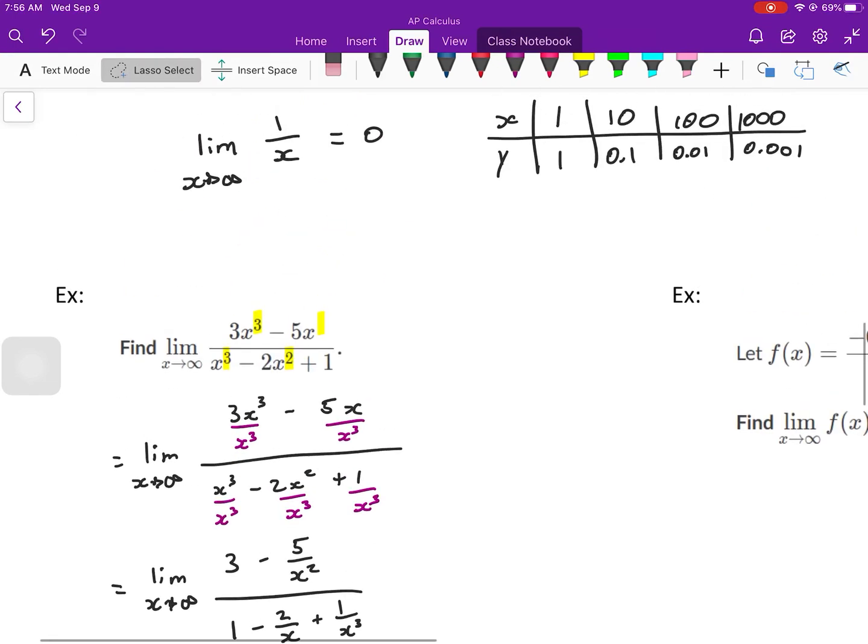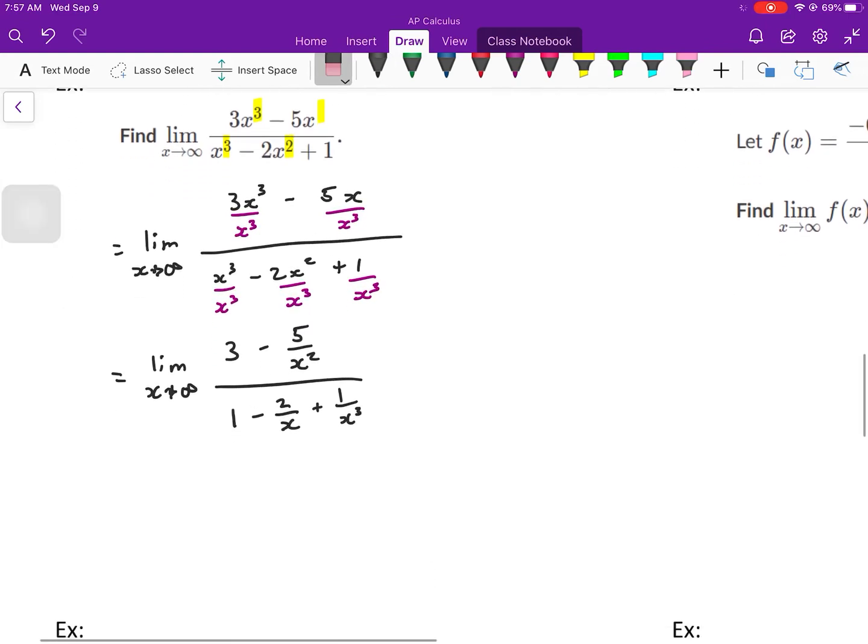So now we're going to bring in this idea. If we take a number, I don't even care, if this was 1,000, eventually, as x goes to infinity, this is still going to be 0, because the number on top is not even going to compare to infinity. So when we divide by infinity, it's still going to be 0. So when we look at this, 5 divided by infinity is going to be 0. 2 divided by infinity is 0. 1 divided by infinity is 0.